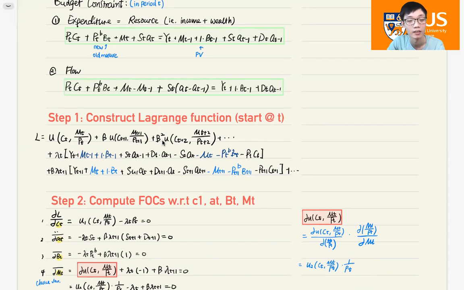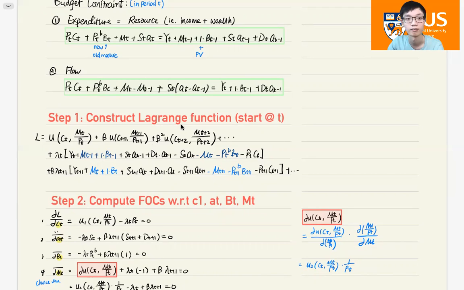need to introduce this impatience factor. As time goes by, your impatience grows bigger and bigger. Actually, the lower the beta, the higher your impatience is. How do I see it? For example, beta is a number between 0 and 1.